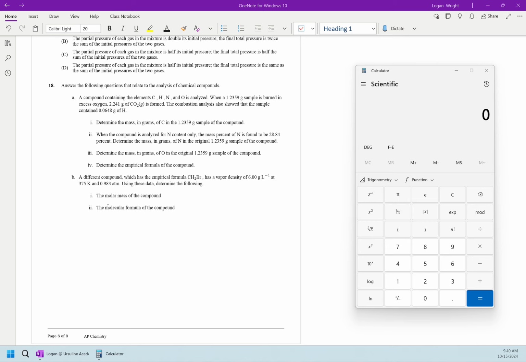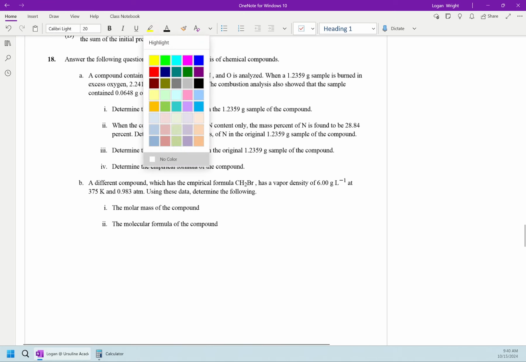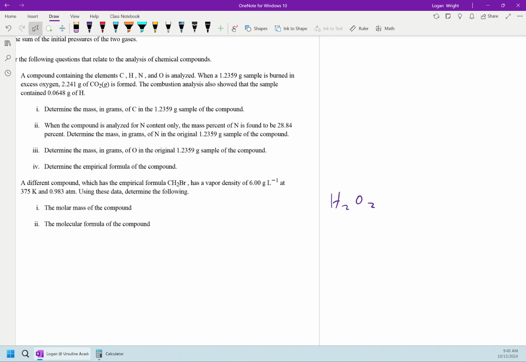So it begins with understanding the difference between an empirical formula and a molecular formula. If I were to use H2O2 as an example, H2O2 is a molecular formula. It describes a molecule that has two O's and two H's all stuck together.